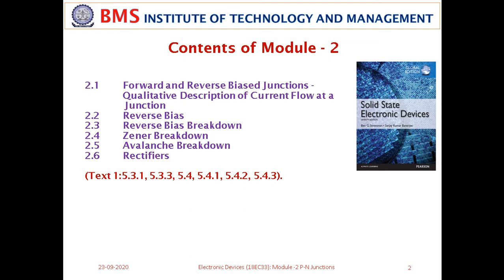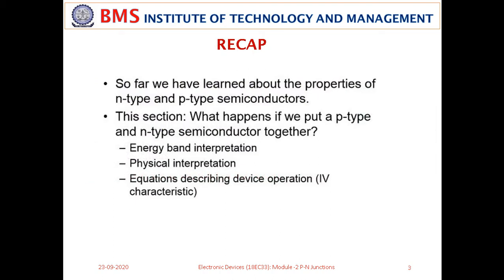With that, let's move on to recap what we have learned in module 1. In module 1 we mainly focused on semiconductors. We started with the classification of materials, then looked particularly at semiconductors, intrinsic and extrinsic.